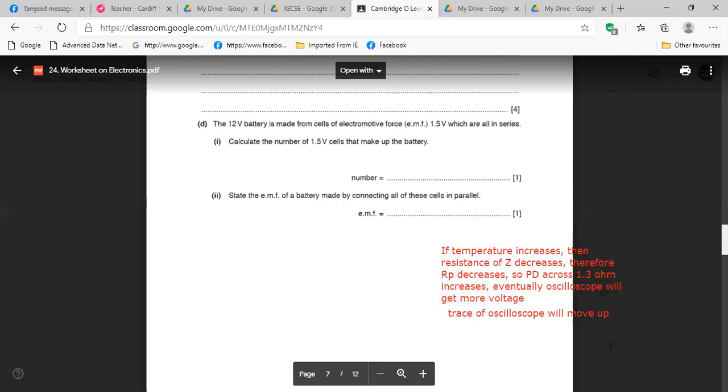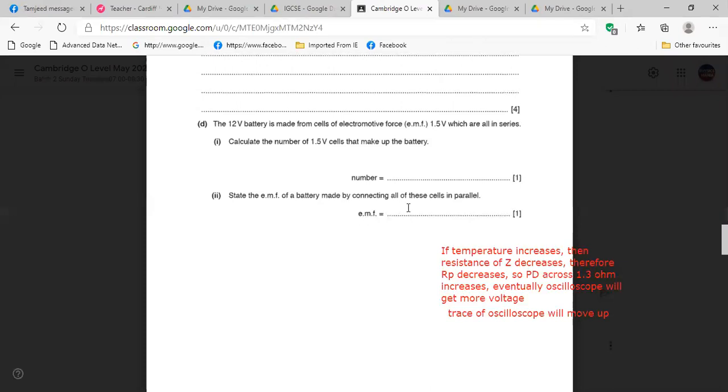So if you are connecting thousands of cells in parallel, it will be the same. Okay, 1.5. Is it clear? So it should be 1.5. Sir, EMF of the battery, not of the cells.